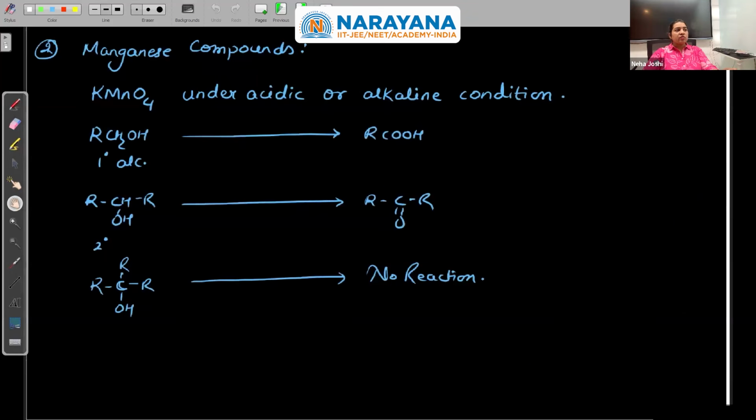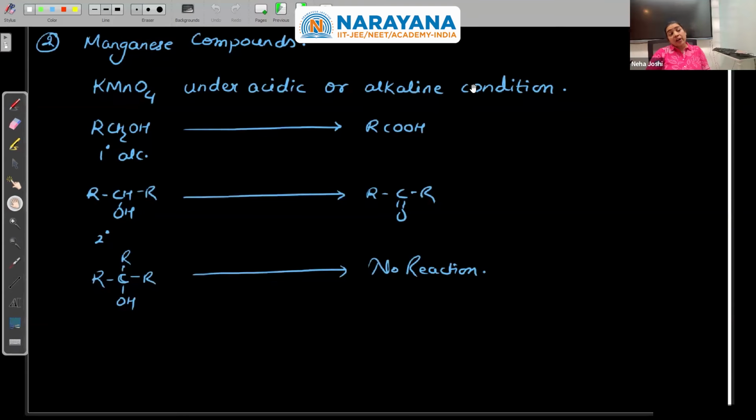Okay. The next set of oxidizing agents we have is manganese compounds, and manganese compounds are usually stronger oxidizing agents than chromium ones. So KMnO4 under acidic or alkaline conditions can oxidize 1 degree alcohol always to acid, 2 degree to ketone, and 3 degree again no reaction.